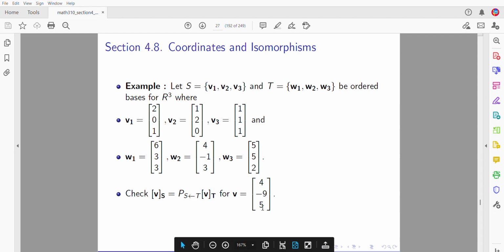We need to find its coordinate vector in terms of S, that is these vectors. And you want to find the transition matrix and check whether the coordinate vector in terms of S is equal to the transition matrix times the coordinate vector in terms of T.